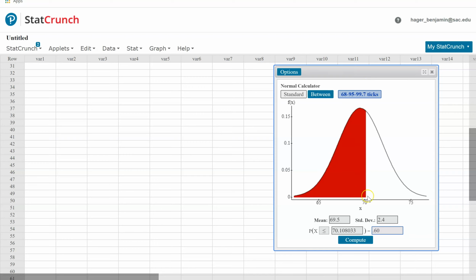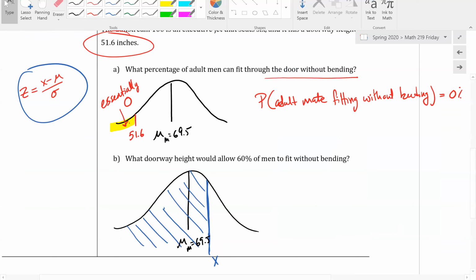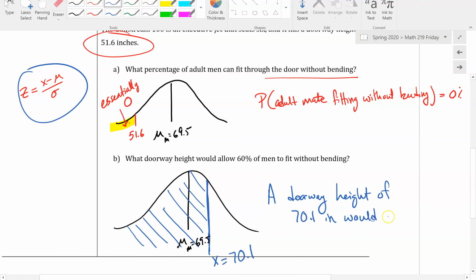So they drew it how I did, a little to the right of the mean. 70.1, they say, is the data value. So a doorway height of 70.1 inches would allow 60% of adult males to fit through the door without bending.